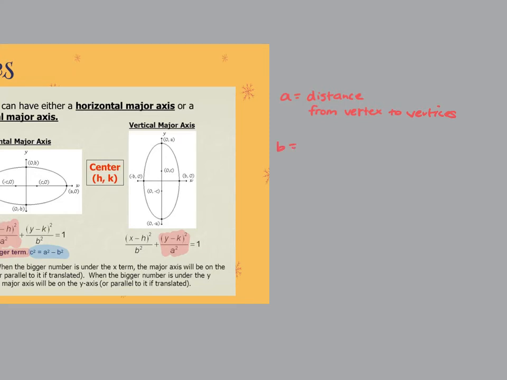The b is the distance from the center to the co-vertices. And the c is the distance from the, I keep saying vertex, it's center. That word should be center.